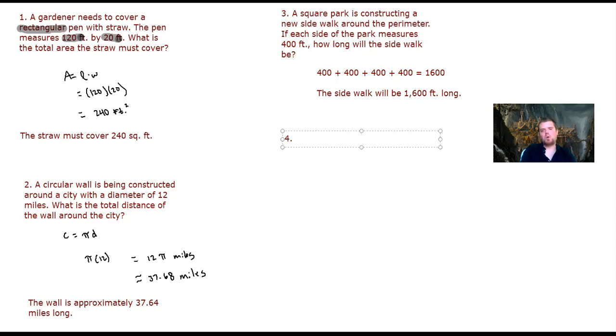And let's do one more. A circular garden is covered in fresh soil. The circular garden has a radius of 6 feet.